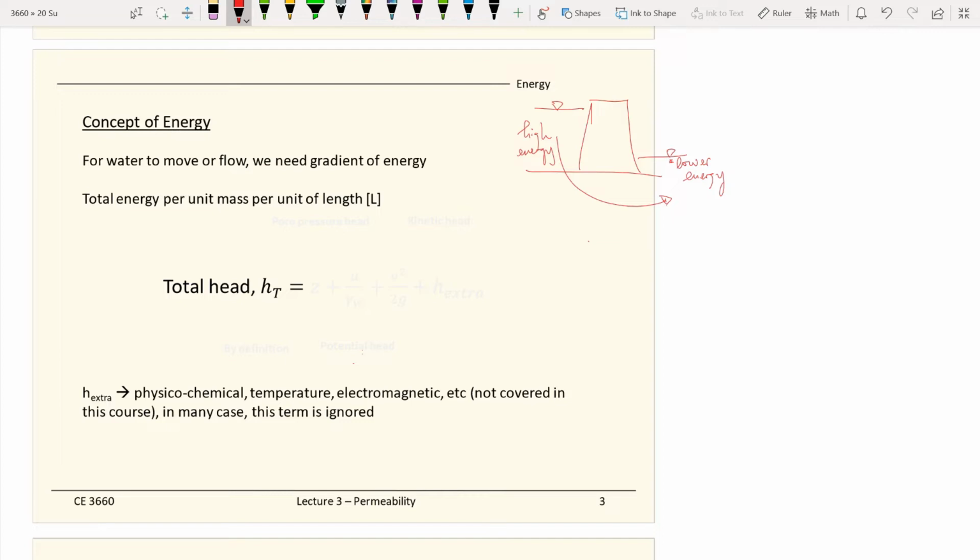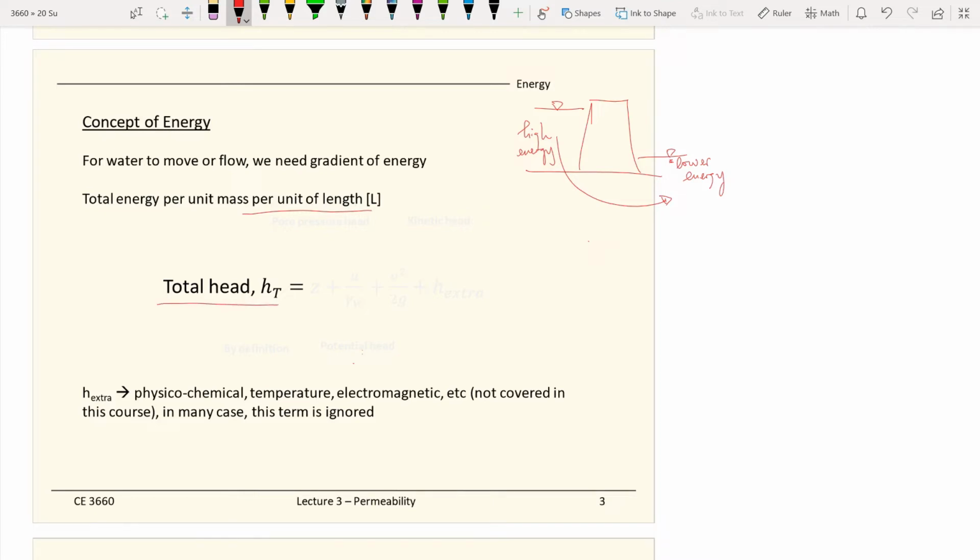So the concept of energy can be represented by a unit length, which means the total energy can be represented by some form of length unit like meters or feet, which we call a head.